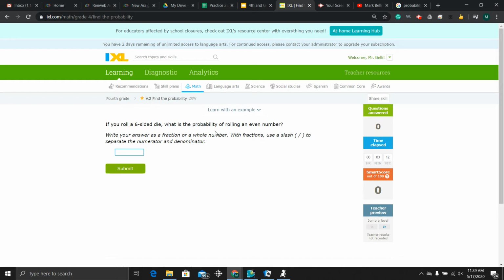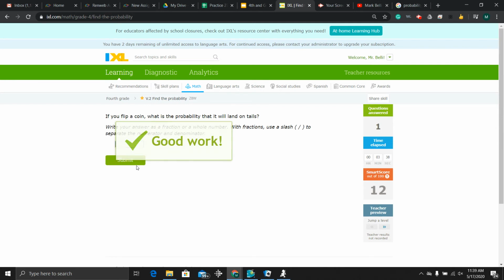So how many of those numbers are even numbers? Well, 2, 4, and 6 are even. So we have 3 even numbers. So our favorable outcome of even numbers, there are 3 of them. And there are 6 total possibilities. So 3 favorable, 6 total. So we'd write it as the fraction 3 over 6. And that's how that works.